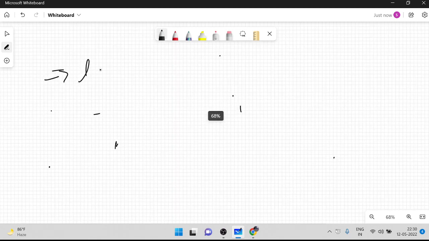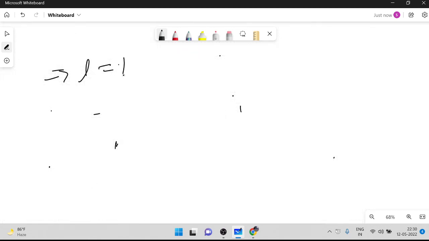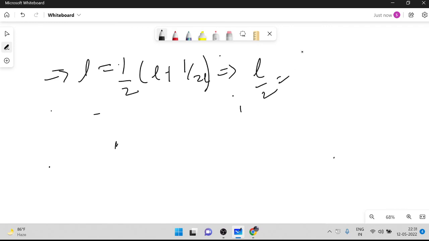So L should be equal to 1/2 times (L + 2/L). This implies L/2 = 1/L, so L^2 is equal to 2, which implies L is equal to root 2.